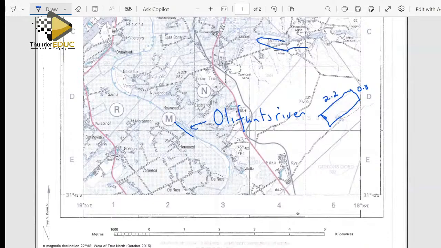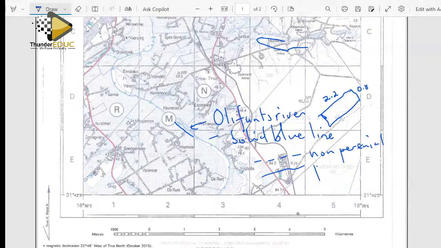Perennial rivers are shown by a solid blue line, while non-perennial rivers are shown by a broken line like this. So this one is non-perennial. Wherever you see a broken blue line, it shows a non-perennial river, but a solid one shows a perennial river. So for that reason, this is a solid blue line, which represents a perennial river. It has a solid blue line.